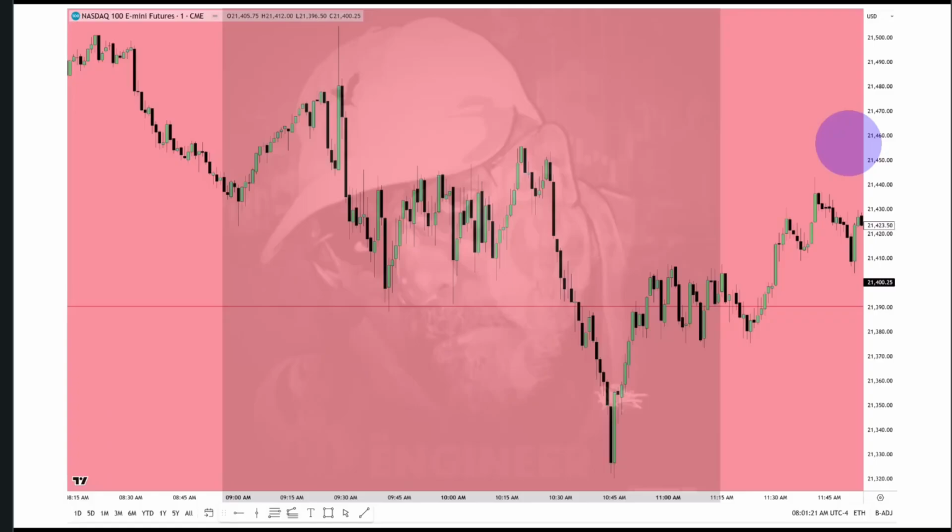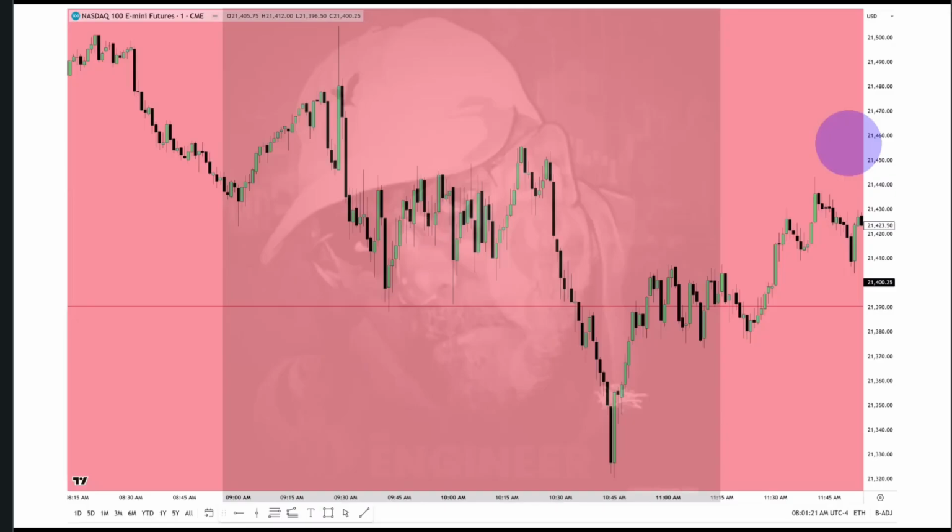The very first fair value gap he could use would be at 9:31 Eastern time. Between 9:31 and 10 o'clock, the very first fair value gap that forms on a 1 minute chart, that is his gap to use.